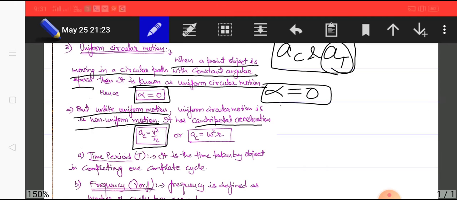Circular motion has two accelerations. One is centripetal acceleration, that is due to the change in direction of the object as it is moving in circular motion. a c is non-zero even when the object is moving with constant speed in a circle. But a tangential or alpha will become non-zero if the object's speed is also increasing. Otherwise, when the object is moving with constant speed, a c is non-zero but alpha or a t is equal to 0.